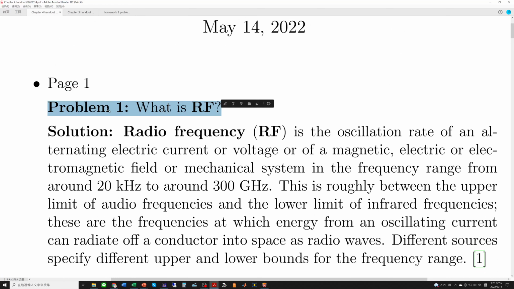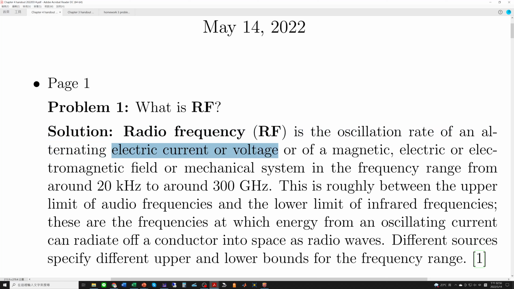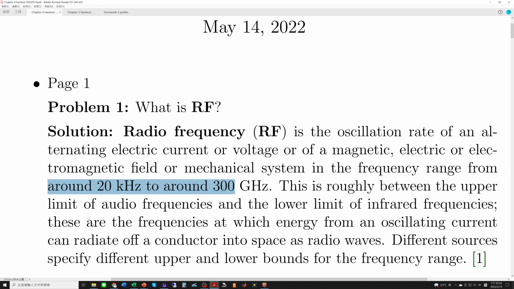What is RF? Solution: Radio frequency, RF, is the oscillation rate of an alternating electric current or voltage, or of a magnetic, electric or electromagnetic field or mechanical system, in the frequency range from around 20 kHz to around 300 GHz.